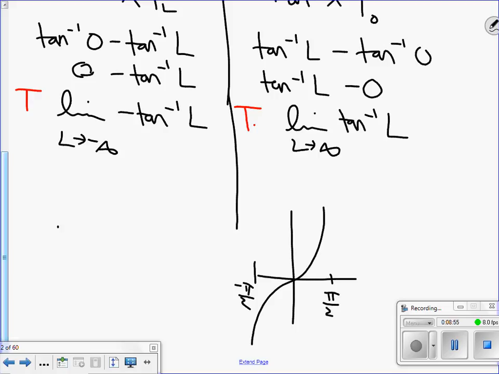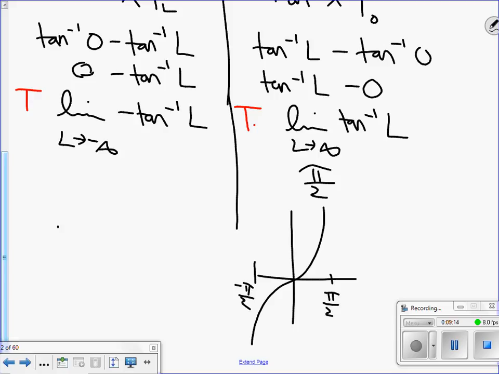What's the angle whose tangent is infinity? This is pi over 2. Remember, it's the inverse trig function, so you're looking for the angle.